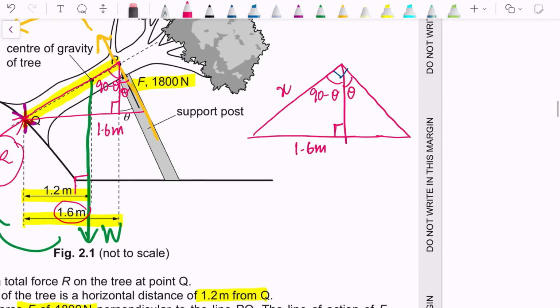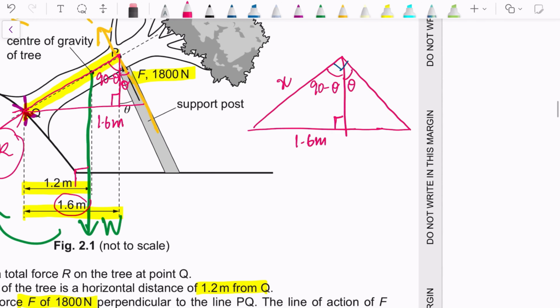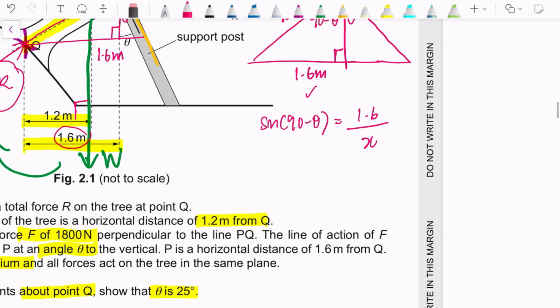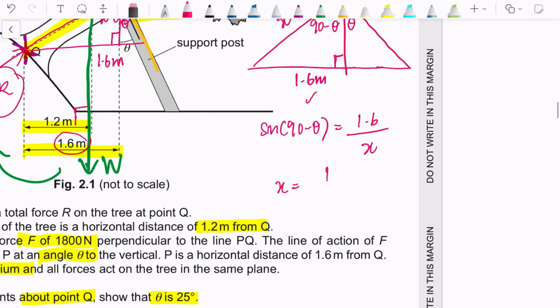So what can we do? This is the hypotenuse, this is the opposite. So you're going to use sine of 90 minus theta equals opposite, which is 1.6, divided by the hypotenuse, which is x. And therefore your x would be 1.6 over sine of 90 minus theta.